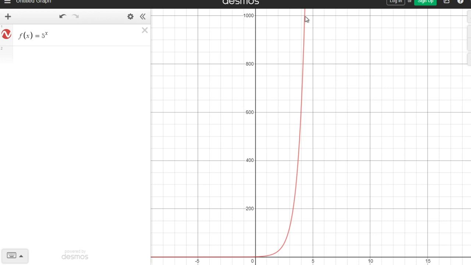And so you could see that right here is where that 1,000 is. And so my x value at that single point looks like it's about 4.3. I'm just rounding to the nearest tenth.